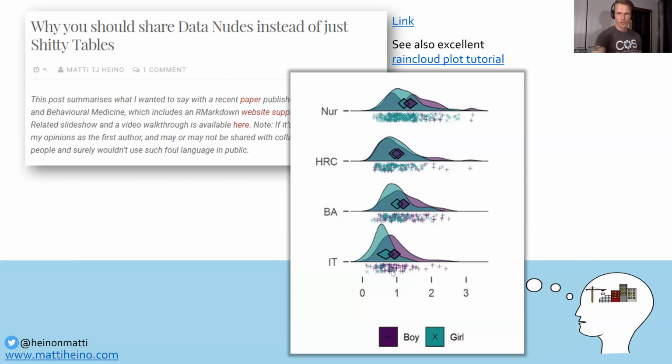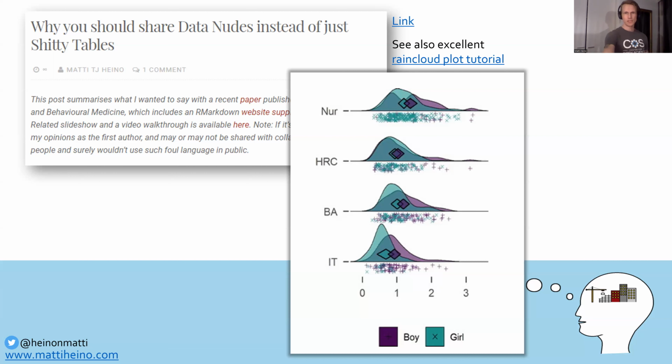And so these are boys, and these are girls. And with this data, I had a conundrum because it really looked like girls were more active. They were doing more physical activity than boys in our sample.